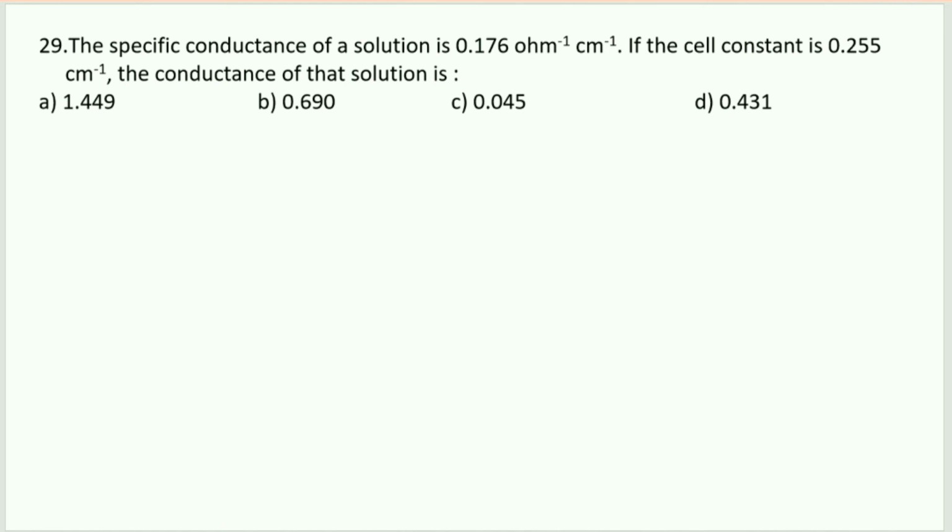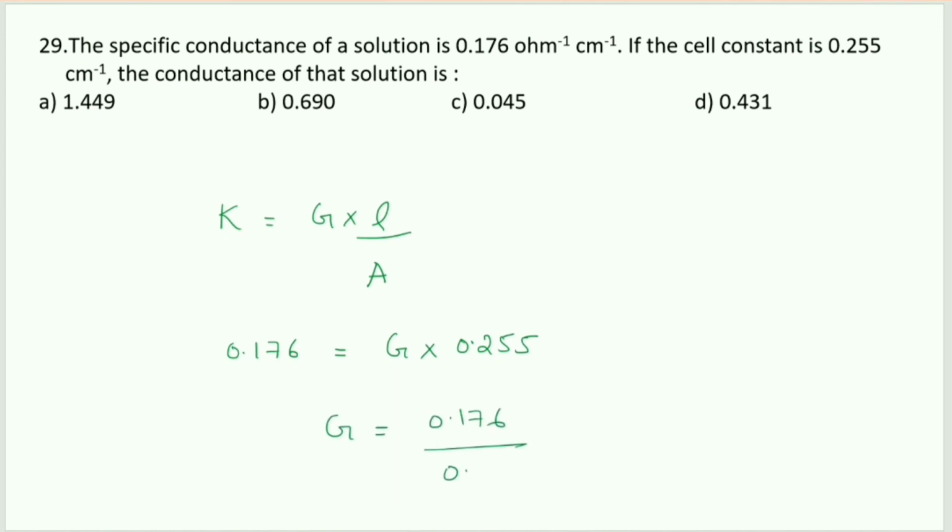So specific conductance is G into L by A. 0.176 equals G into the cell constant 0.255. So G equals 0.176 by 0.255, which is equal to 0.690 per ohm. So the answer is option B.